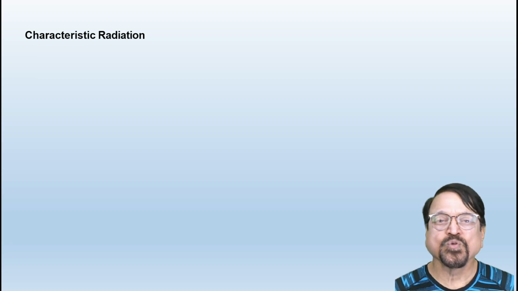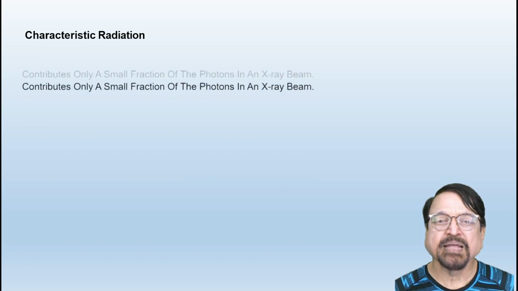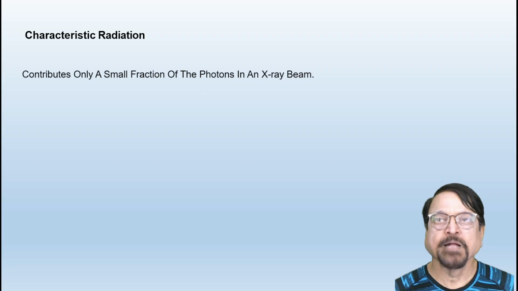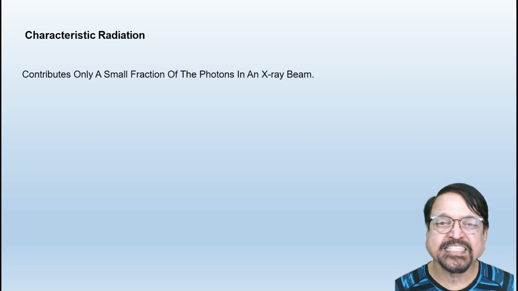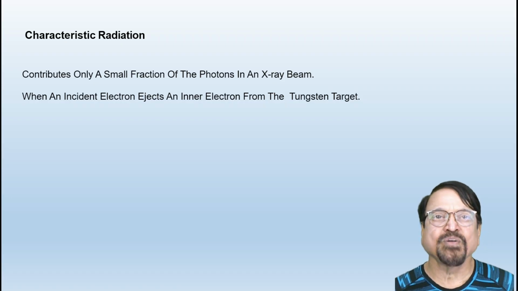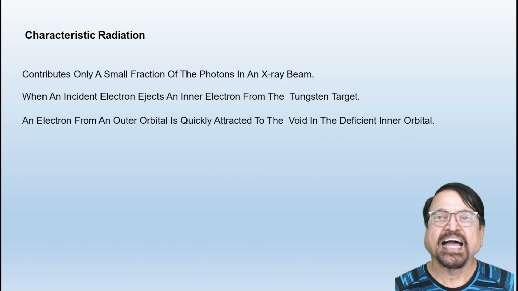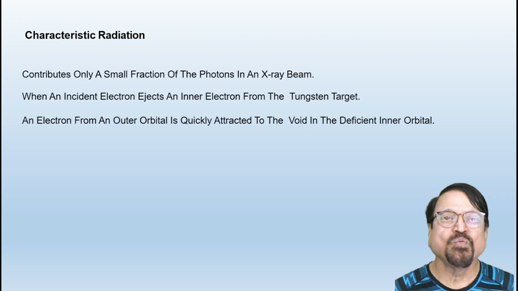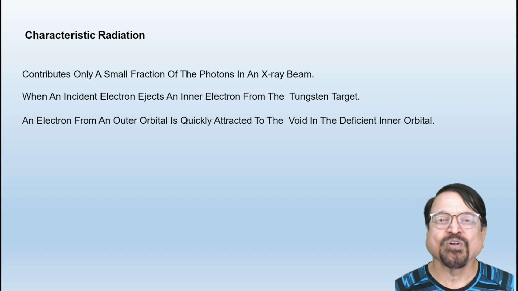Now let us come to today's topic, because the other types of radiations are covered elsewhere. Characteristic X-rays contribute only a small fraction of the photons in an X-ray beam. When an incident electron ejects an inner electron from the tungsten target, an electron from the outer orbit is quickly attracted to the void in the deficient inner orbital shell.